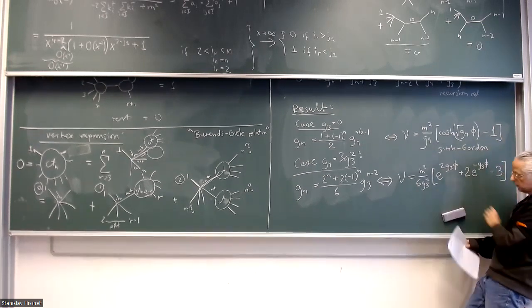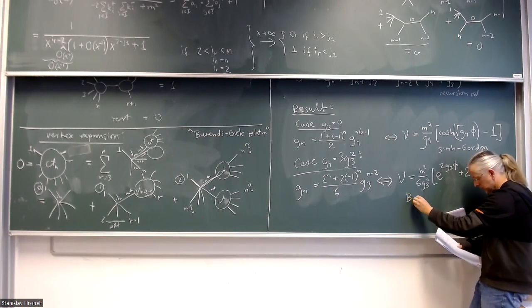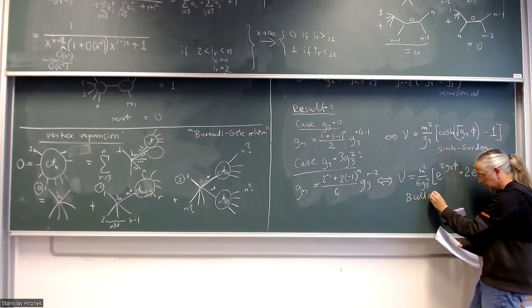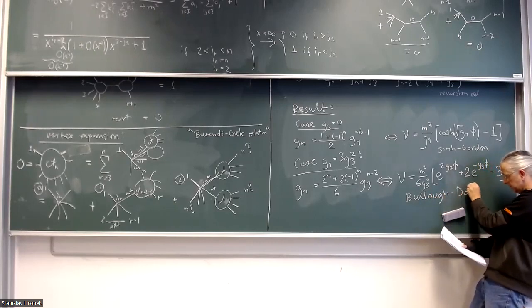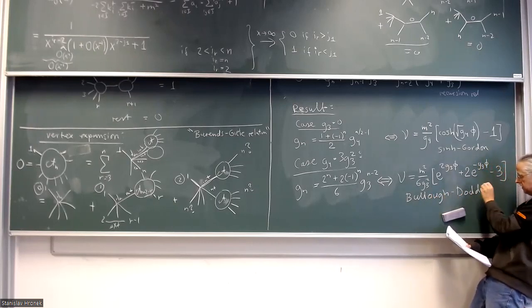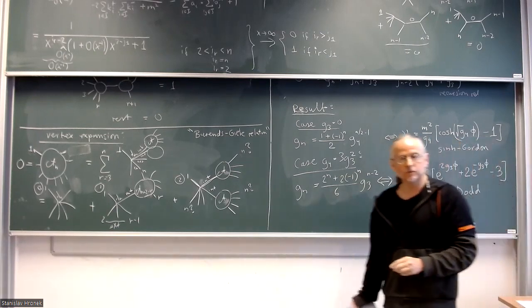And this model is known as the Bullough-Dodd model. We get these two potentials.